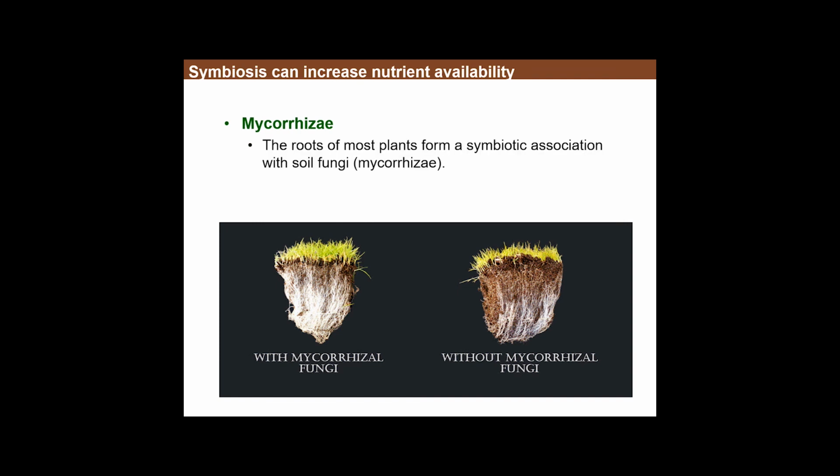The roots of most plants, in fact, form a symbiotic association with soil fungi, and this permits plants to absorb nutrients, especially phosphorus, more efficiently. The mycorrhizae are getting carbon from the plant, so the plant's photosynthesizing, it's donating some of its carbon to these fungi, and then the fungi are helping the plant to obtain nutrients that might be more difficult to obtain by searching a larger volume of the soil. So it's a true symbiosis.